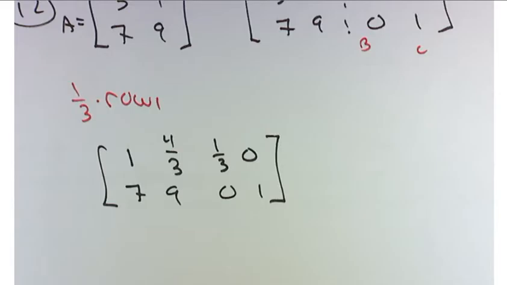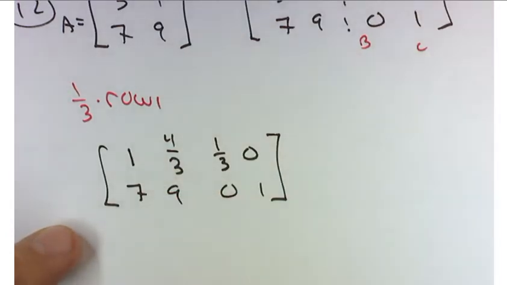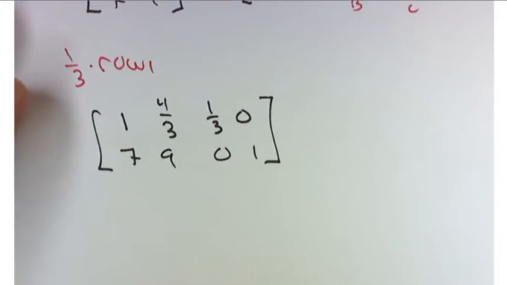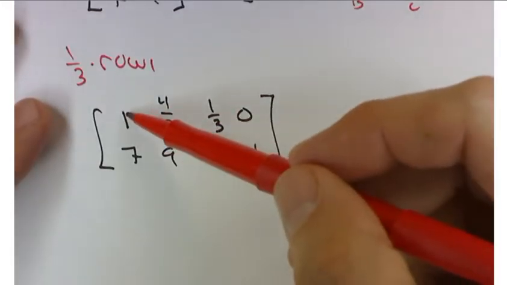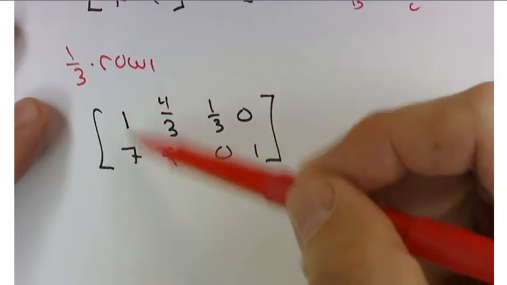All right. Let's stick to our game plan. I want to make this a 0. So how can I make this element a 0? Multiply row 1 by something and add it to row 2.